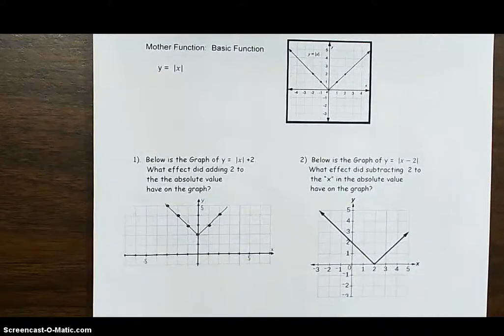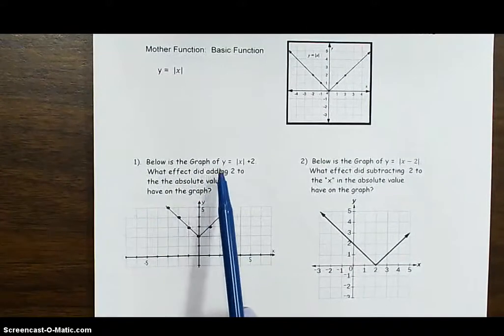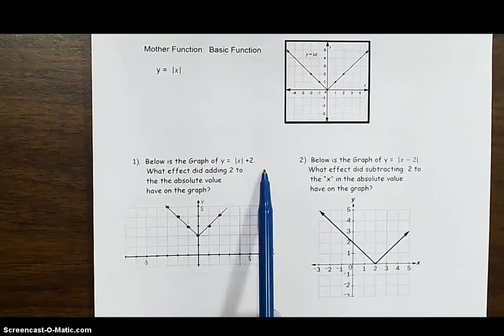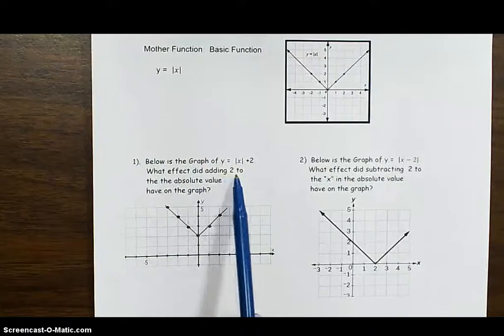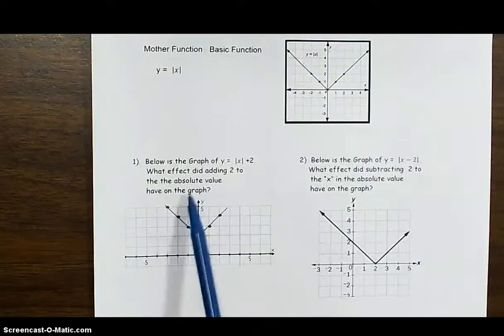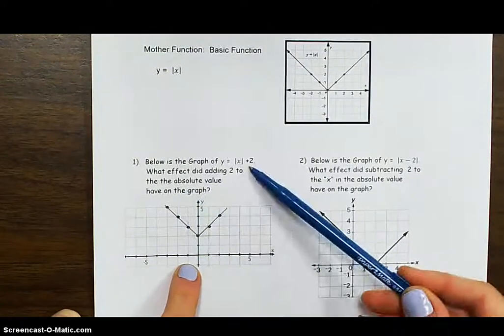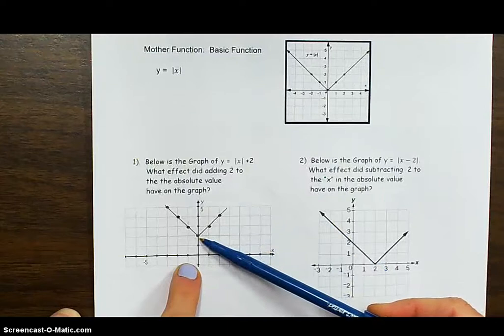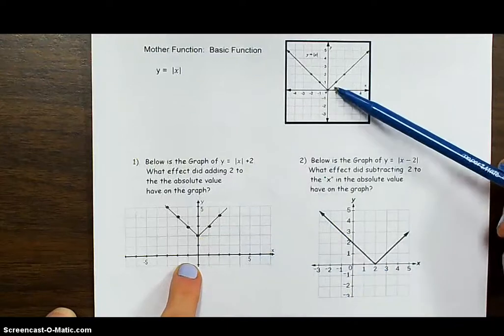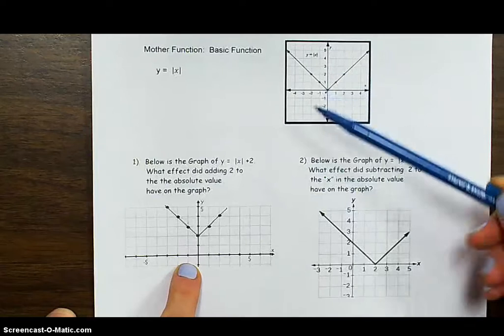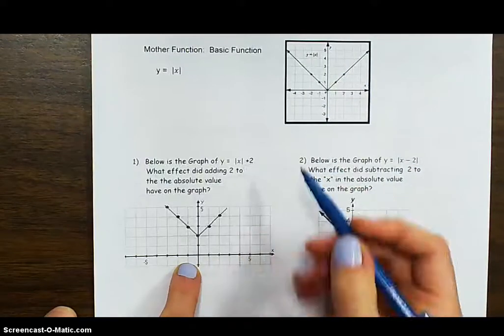So let's take a look at number 1. Below is the graph of y equals absolute value of x plus 2. What effect did adding 2 to the absolute value have on the graph? So everybody take a look at your new graph. This is the graph y equals absolute value of x plus 2. Now look at your mother function. What changed? What happened when we added 2?